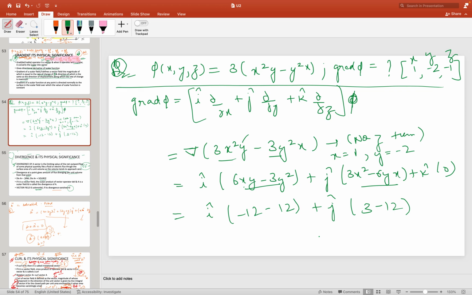Is it right or no? So the answer will be plus, right? So it will be plus. Okay, so your answer will be -24 i cap plus 15 j cap. This is the gradient of this particular function phi.